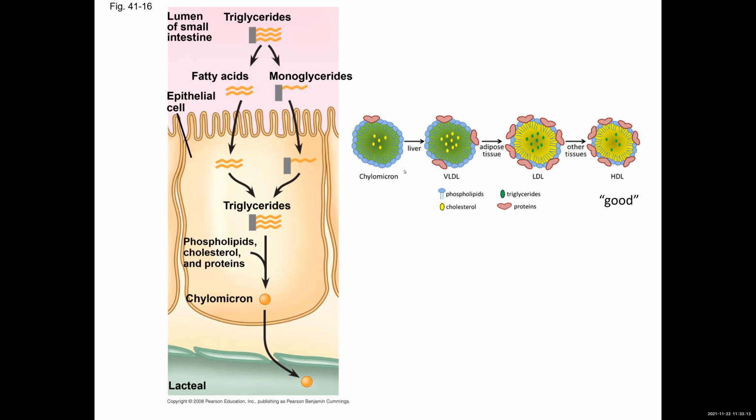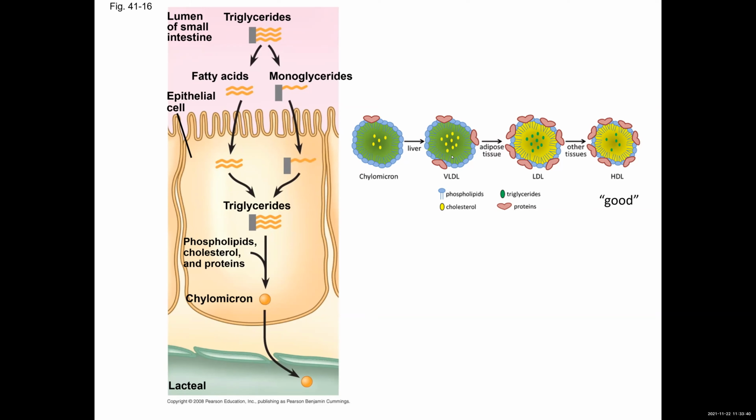So these go to the liver, and the liver is going to process them into something called VLDL. So they change from being a generic chylomicron to being very low density lipoproteins, right? We've got lipids together with proteins, so we call them lipoproteins, LPs.